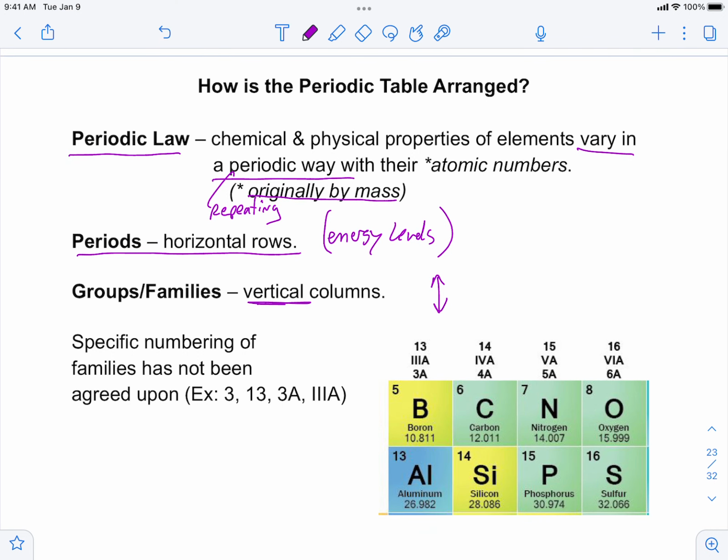If they're in the same vertical column, they're going to have the same, I shouldn't say same, I should say similar reactivities, similar properties.